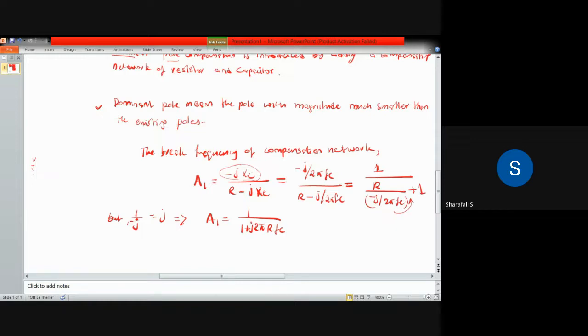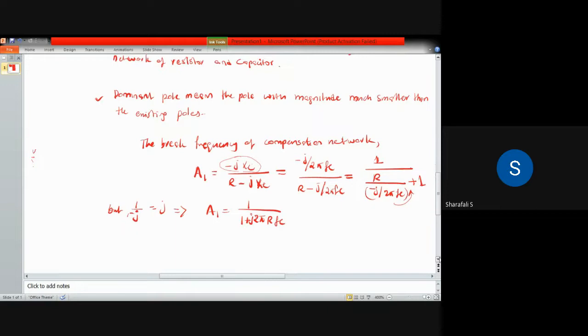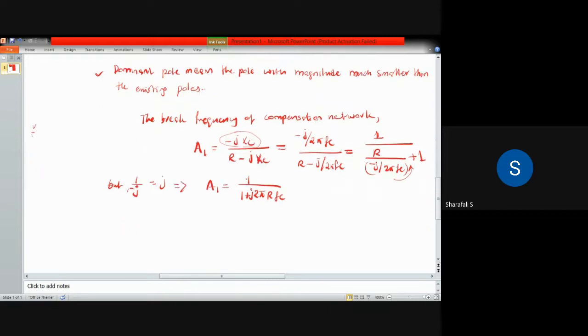So this is the total gain after reducing to a simple form. This is the gain produced by the compensation network. I hope you know how this is coming.